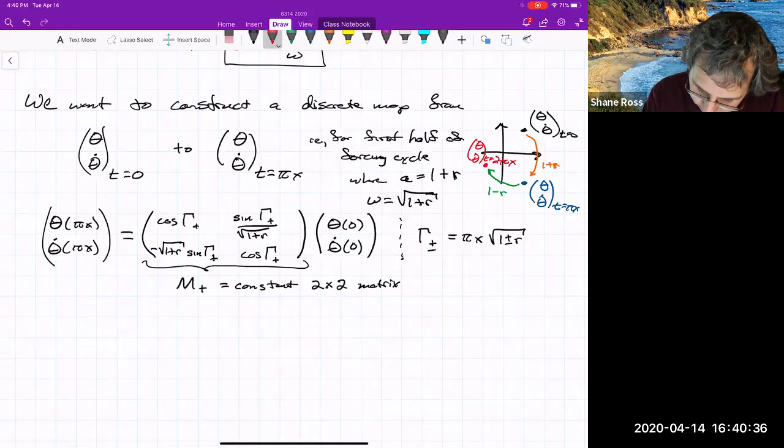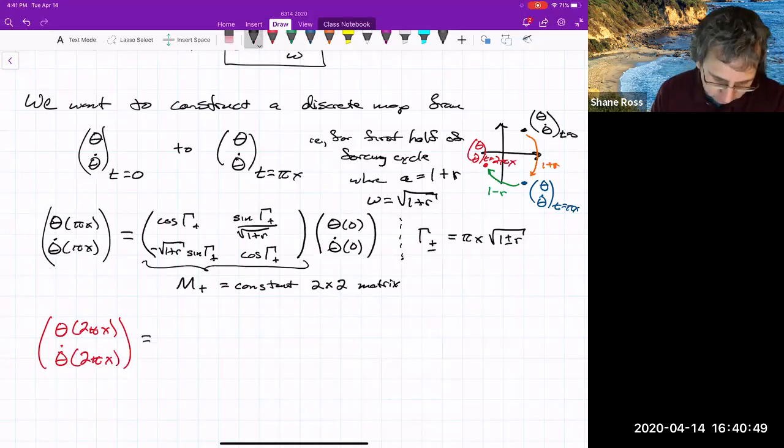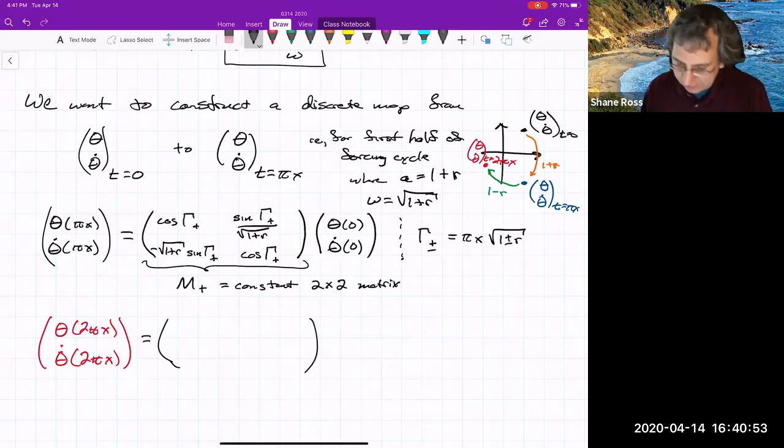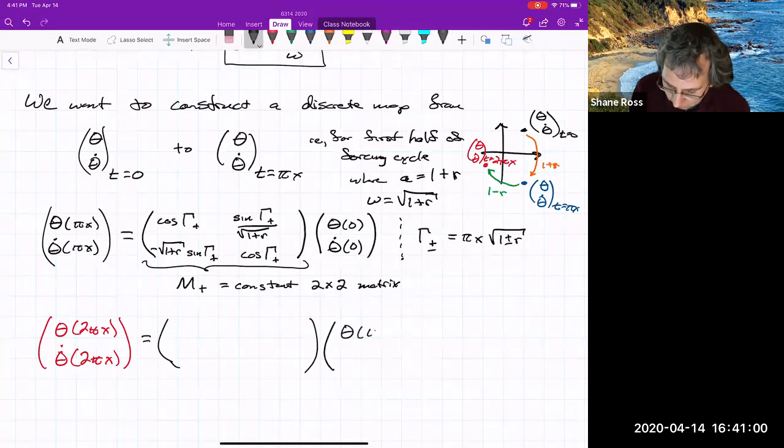Now, what is that? Theta at 2 pi x, theta dot at 2 pi x. We could also write that in terms of a 2 by 2 matrix times its initial condition, but the initial condition for that part is what happens where we are after the first half of a forcing cycle.